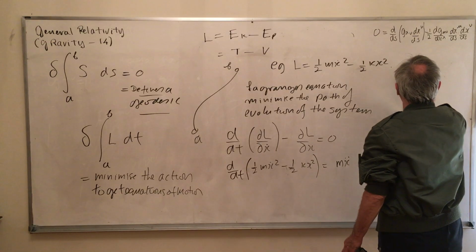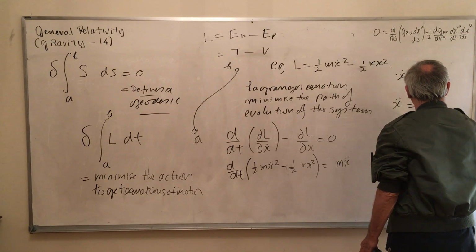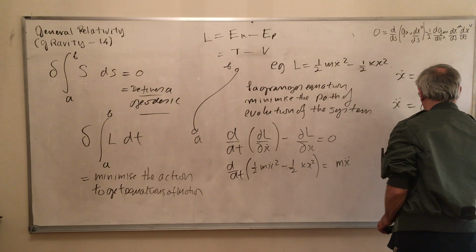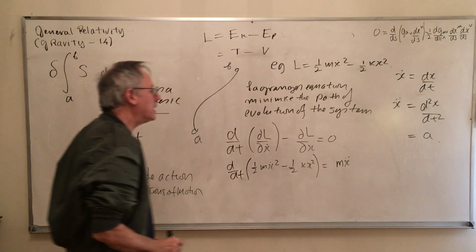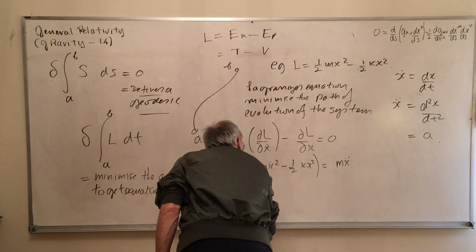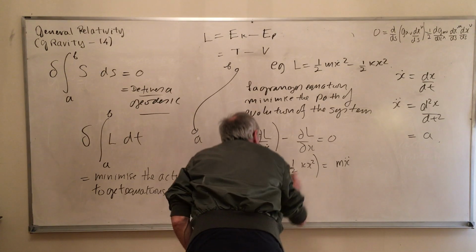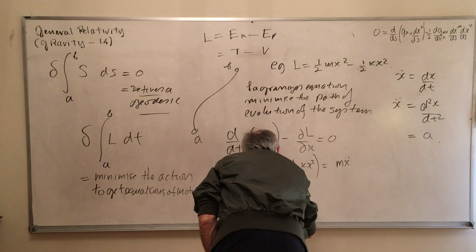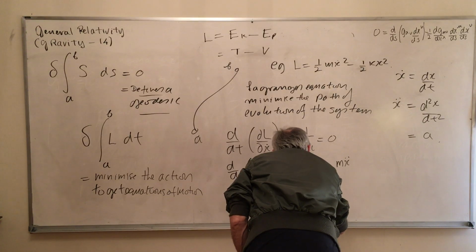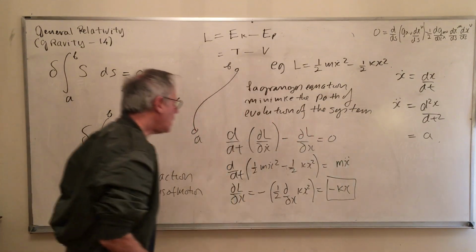Now what is x dot? x dot is a velocity and x double dot is an acceleration. Now what is dL by dx? It's just this. So we get minus kx.